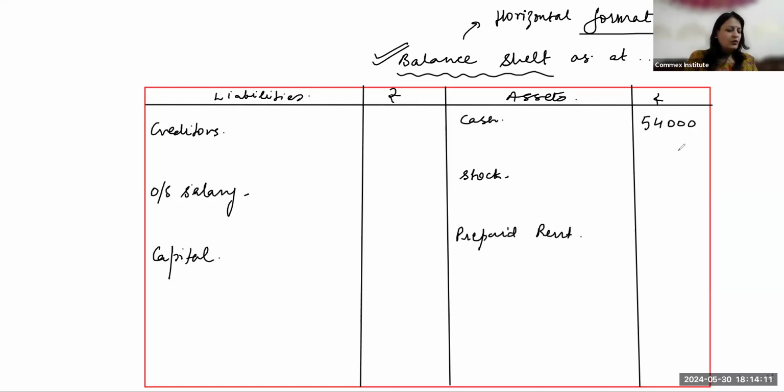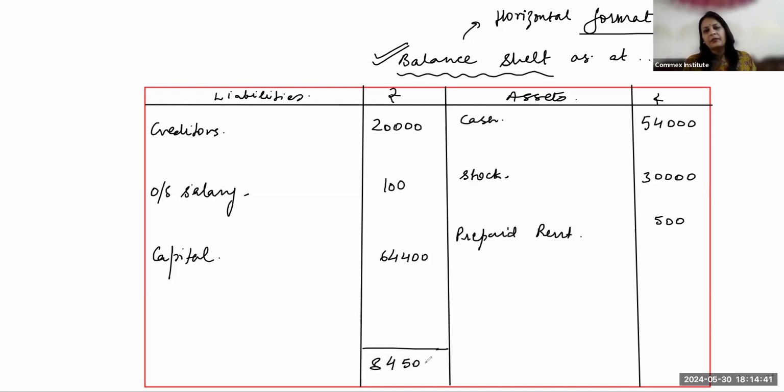My stock in the end was 30,000. And the prepaid rent was 500. From the final equation, I'm just copying the figures. The creditors were 20,000, the outstanding salary was 100, and the capital was 64,400. And the total was 84,500, and this side also it is 84,500.